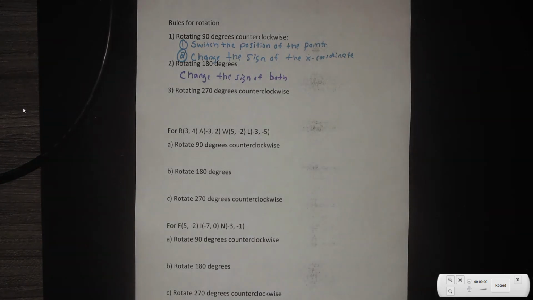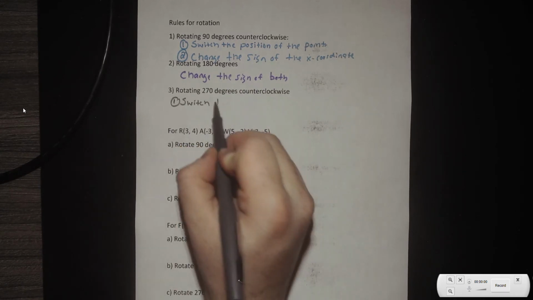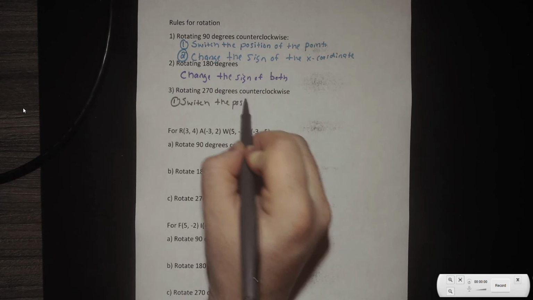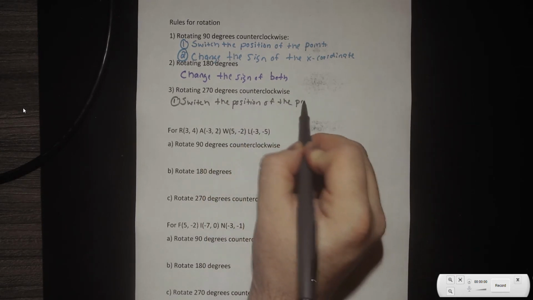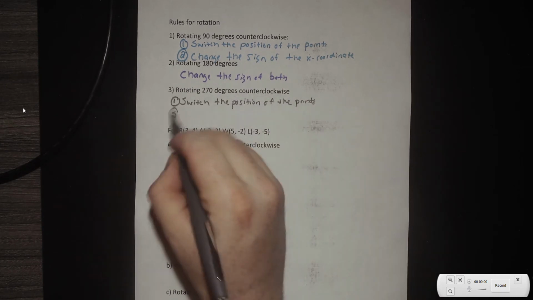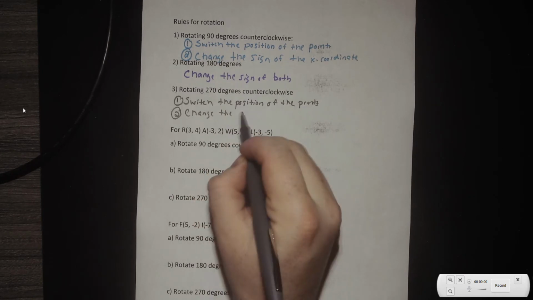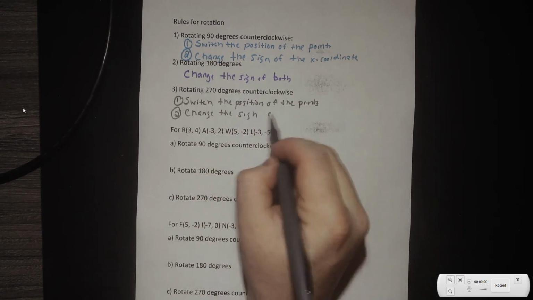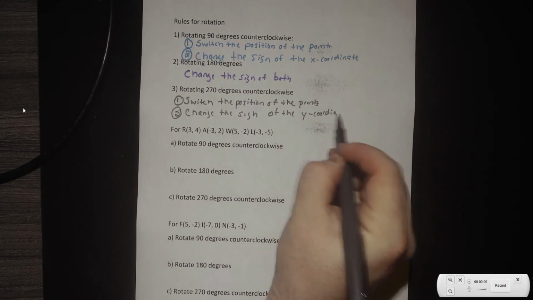And then when we rotate 270 degrees counterclockwise, we're going to switch the positions of the points and change the sign of the y coordinate.